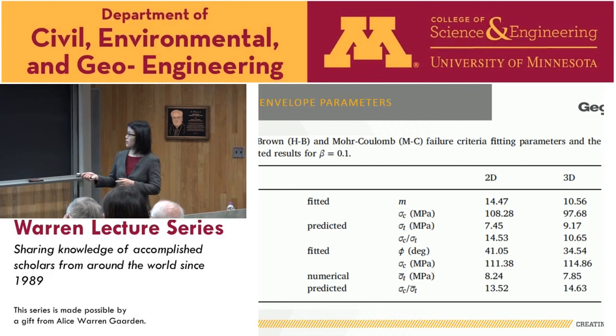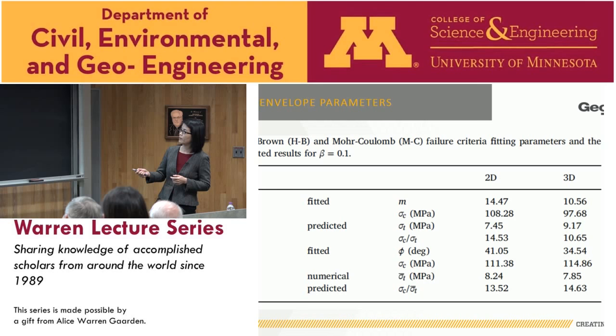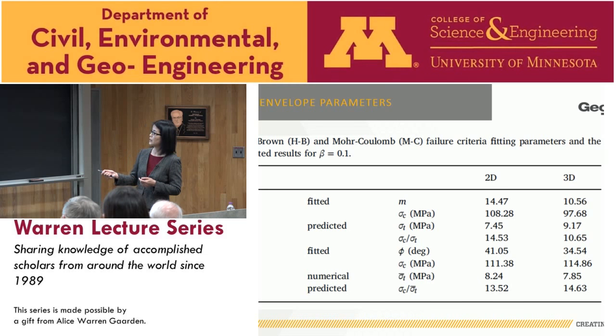I'll just give you a summary of the fitting parameters. As you can see, we are picking the particular case with beta equal to 0.1 to do the confined triaxial compression and confined extension simulation. And the friction coefficient, if you fit it, is about 41 and 30. That means only fitting the compression side.